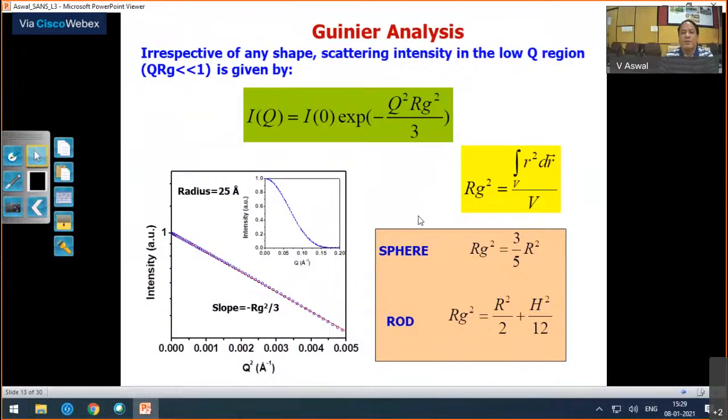So coming to different methods of analyzing data, the simplest one is linear analysis.